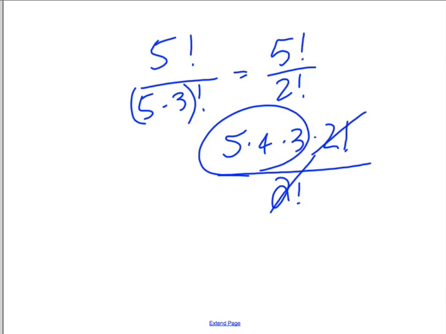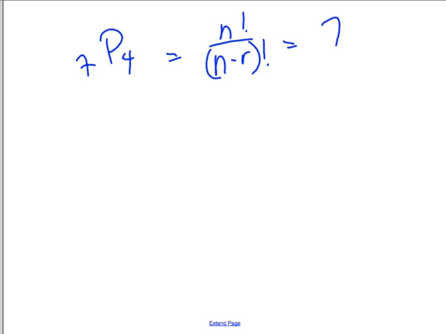All right? So if I had, say, 7P4, and I asked you to figure that out without using a calculator, you could use the formula n factorial over n minus r factorial, which is one you do not have to memorize. And I would get 7 factorial over (7 minus 4) factorial, which would leave me with 7 factorial over 3 factorial.